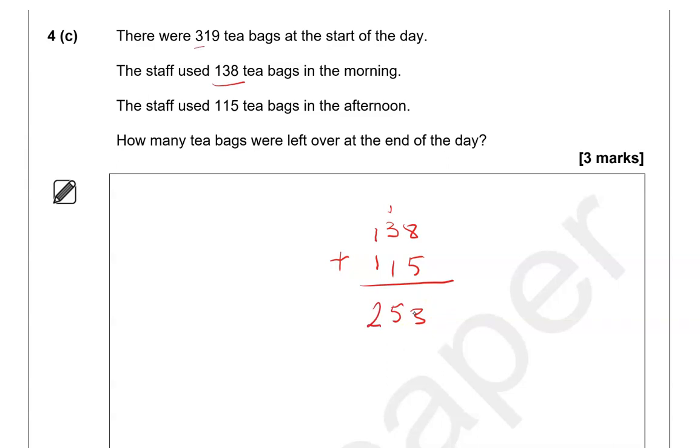There were 319 at the start of the day. So 319, take away the 253 that were used during the day. Then we can get 66 that were left over at the end of the day.